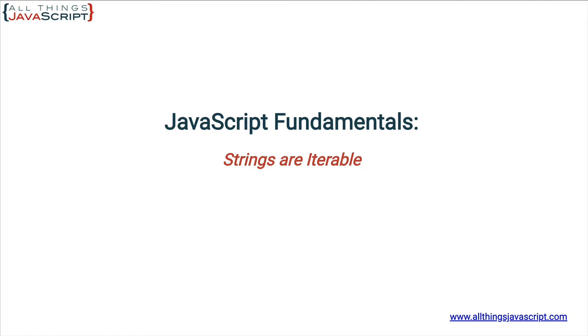And that object wrapper contains an iterator function that makes it possible to address a string as an iterable. This allows us to cycle through each character in a string and process it in some fashion. So let's look at 3 ways we can do that because strings are iterable.